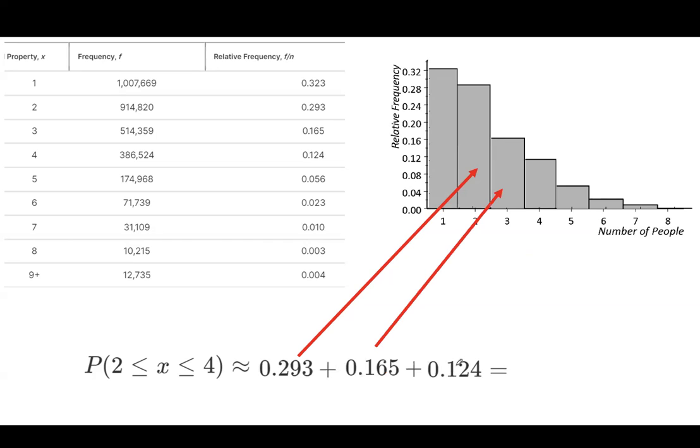And the probability that it is 4 is 12.4%. If you add them all together, it's about 58.2%. So first, make sure to create the relative frequency table, and then based on the question, find the probability by adding these numbers together.